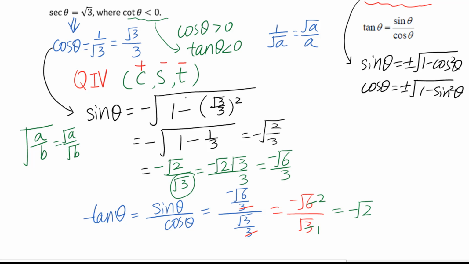Then we will use the trig reciprocal identities to figure out cosecant theta and cotangent theta. We know sine theta equals negative square root of 6 over 3. We will get cosecant theta equals. Which one do you need to flip? Try to flip the easy one.